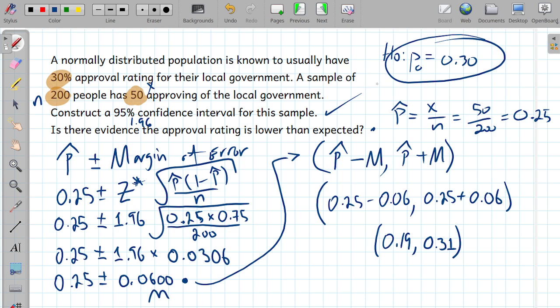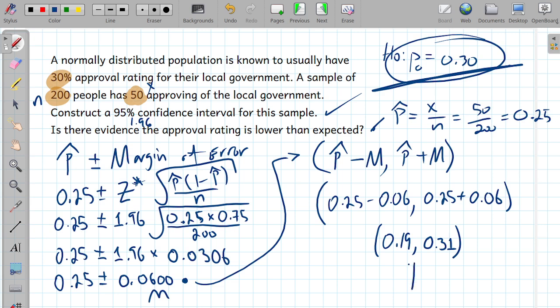Now, let's talk about this second part right here. Is there evidence the approval rating is lower than the expected value? Well, this is why we have this up here. The null hypothesis says that the typical approval rating at any time, it's a historical number, is 30%, 0.3. We ask ourselves then, where does that land in the interval?